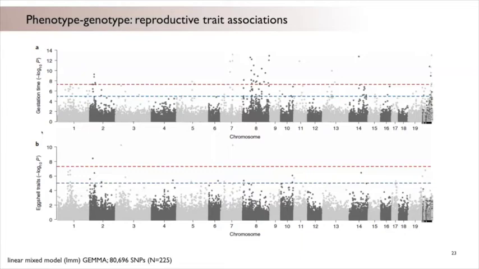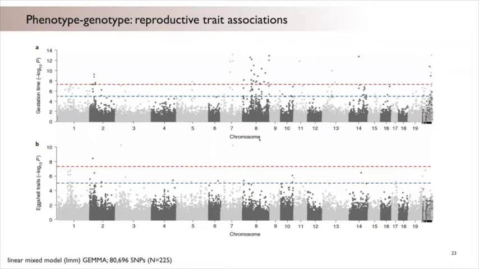So we have gestation time and we have eggshell traits. So this includes a combination. And what we found was that these were distributed in some cases differently and in some cases the same across the genome, but clustered in some particular regions with very high association between these traits and the genetic basis.